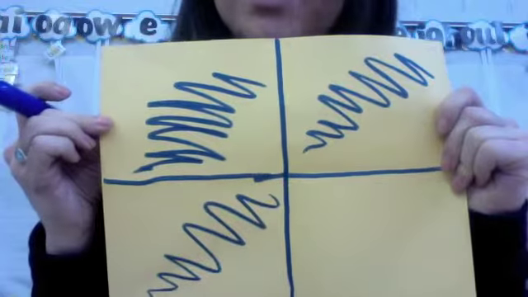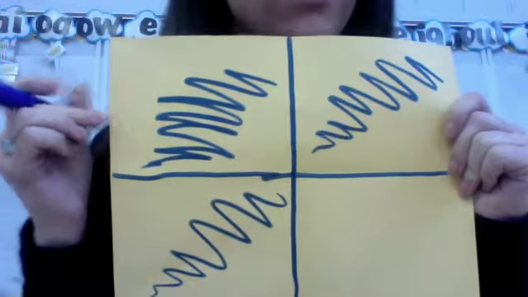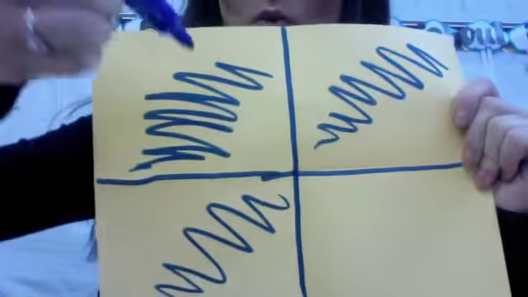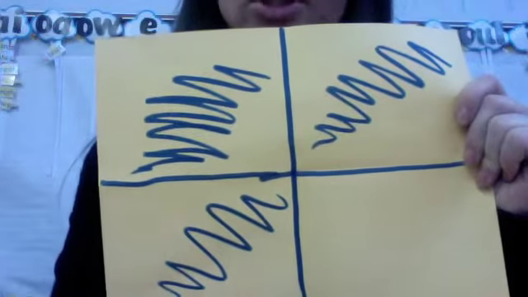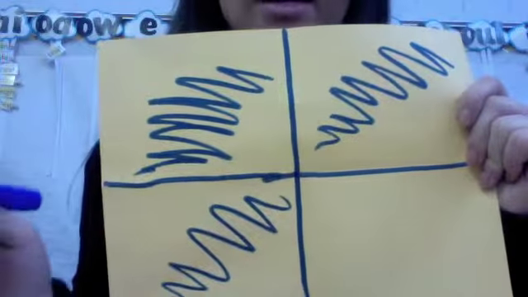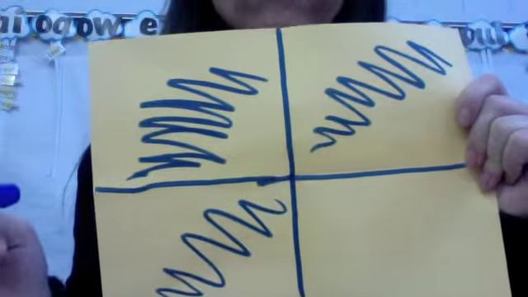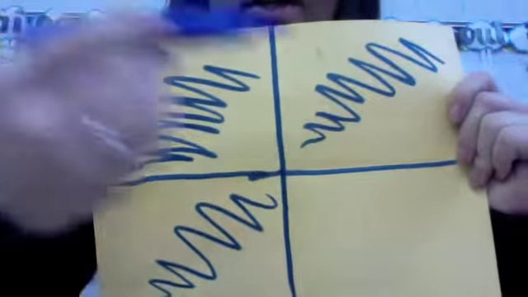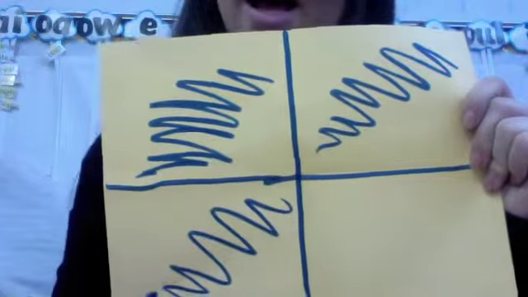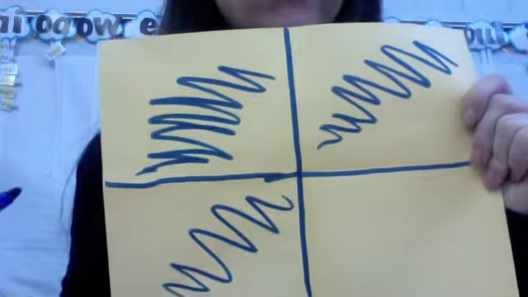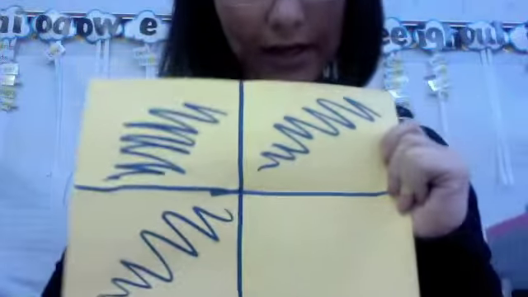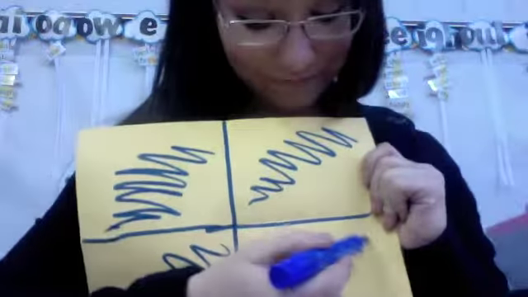Now how many do I have shaded in? You're right, 3. 1, 2, 3 parts shaded in. So we call this 3/4 because there's 1, 2, 3 shaded in out of the 4 equal parts. So it's called 3/4.